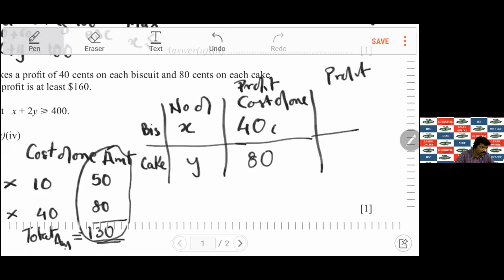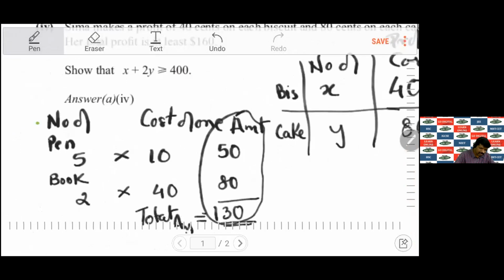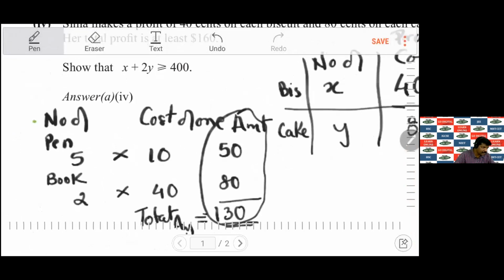Now, what was the profit made on biscuits? 40, that is for one biscuit. So the profit is 40 into X. It is similar to this: once you have 5 pens and the cost of 1 pen is 10, the cost of 5 pens will be 50.